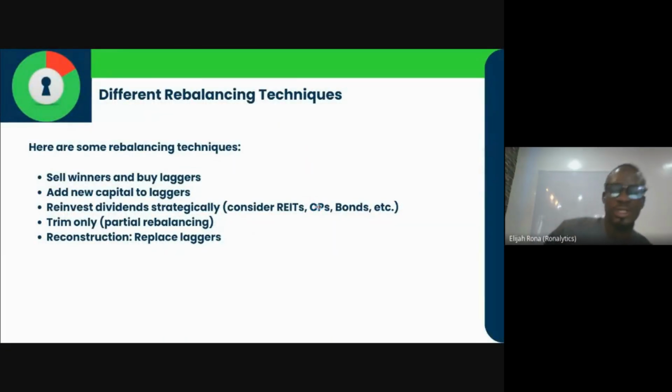But in case you want to do it yourself, these are some tips that you use. You can sell parts of the winners to buy parts of the laggers. Mind you, this only works if all the assets in the portfolio are fundamentally sound. I will not tell you to sell Aradel or Presco to go and buy SCN Cocoa, to go and buy Dunlop, to go and buy FTN Cocoa.